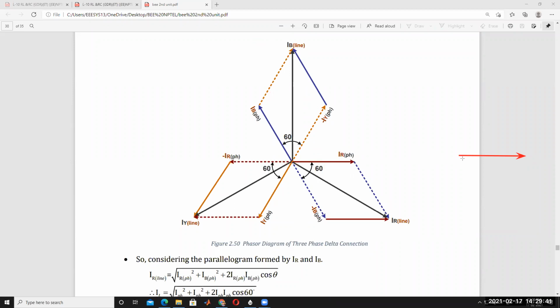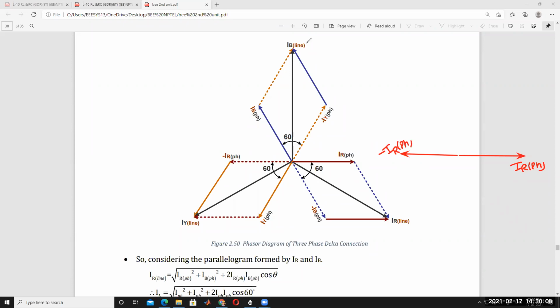So like this, this is called minus IR phase. This is called IR phase, I'm taking as reference, positive.